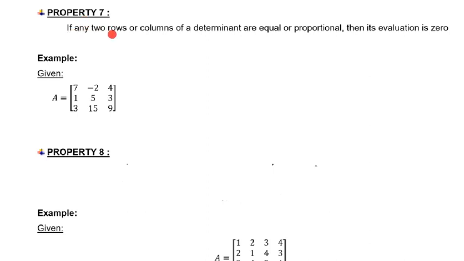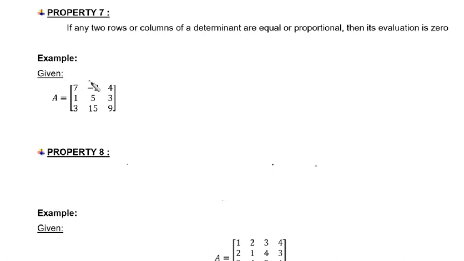So if any two rows or columns of a determinant are equal or proportional, then its evaluation is 0. So if we have any two rows or columns of a determinant that are equal or proportional, then its evaluation is 0.